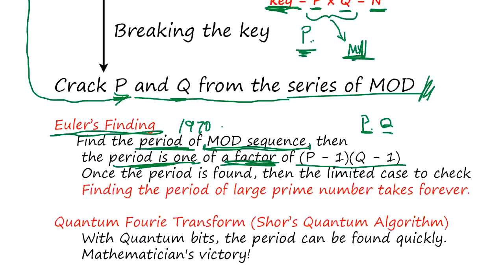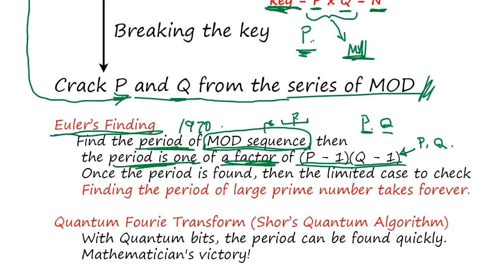Well, if you look at the encrypted data, which is a sequence of mods, and figure out the period, then using the period, we can guess p minus 1 and q minus 1, and by searching with a general computer, we can guess p and q.